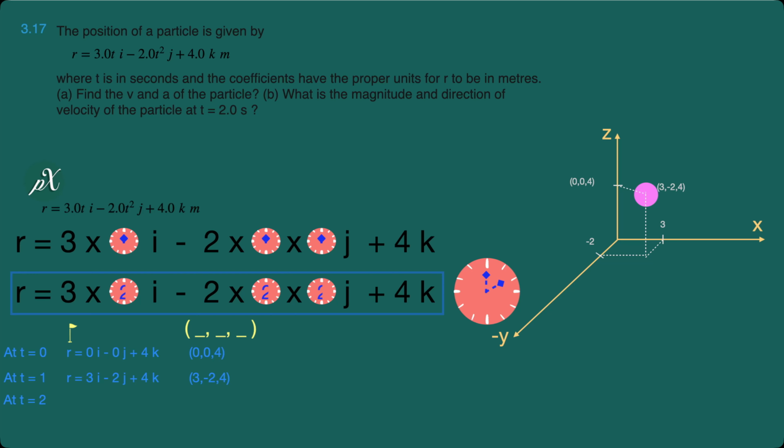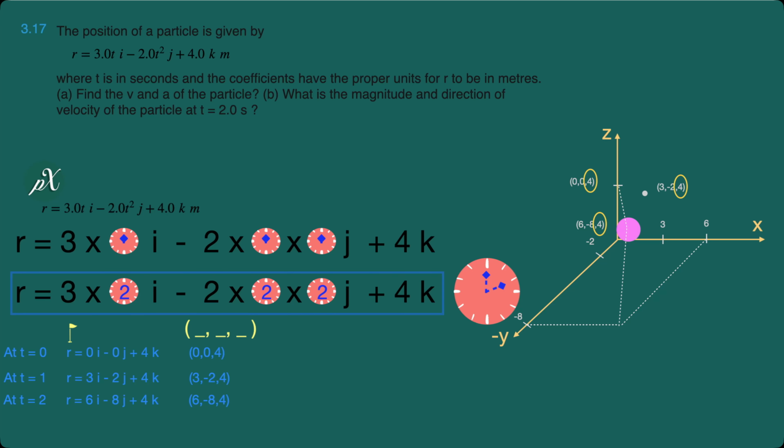Putting t equals 2 in the equation, we get r equals 6i minus 8j plus 4k. Hence, the coordinates are 6, minus 8, 4. Notice something interesting here. The z-coordinate remains constant at 4, while the x and y coordinates keep changing with time.